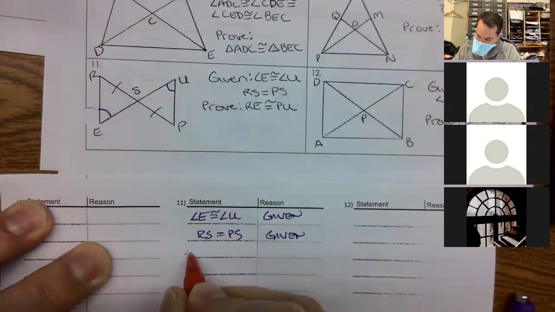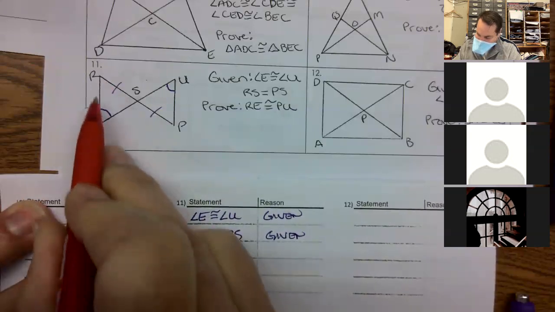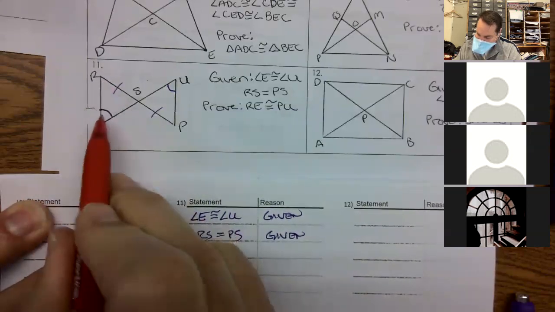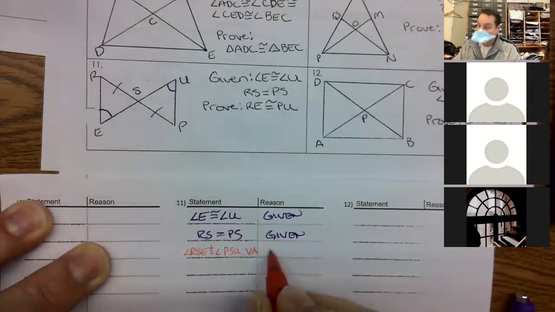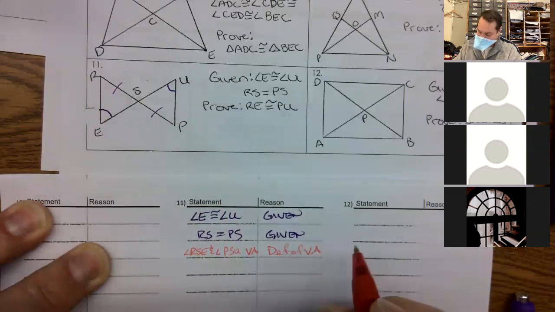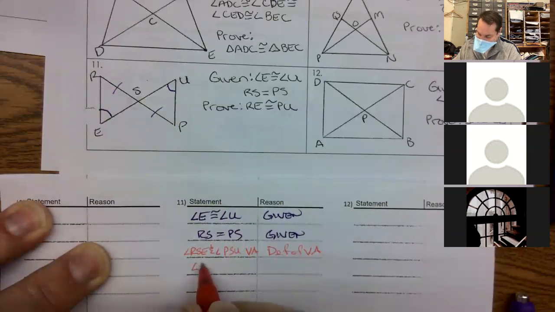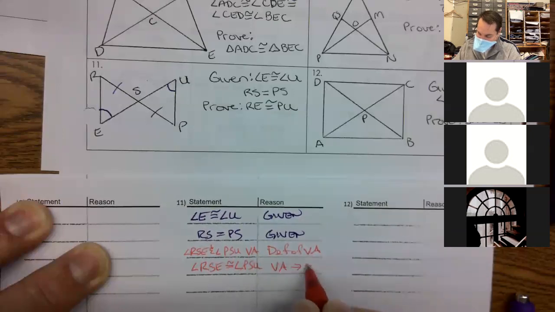So we're going to want to say angle RSE and angle, let's see, this one's unmarked, so we started at P, PSU are vertical angles. That's the definition of vertical angles, and that lets us then say that angle RSE is congruent to angle PSU because vertical angles mean congruent.